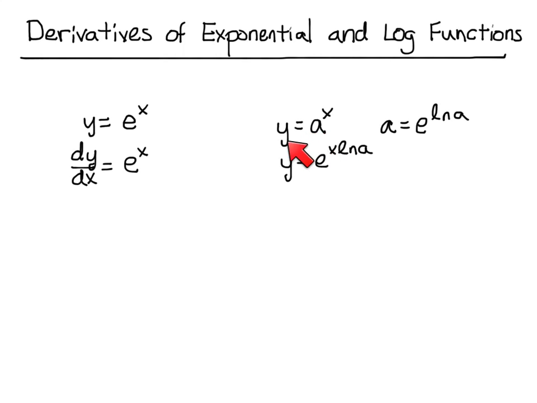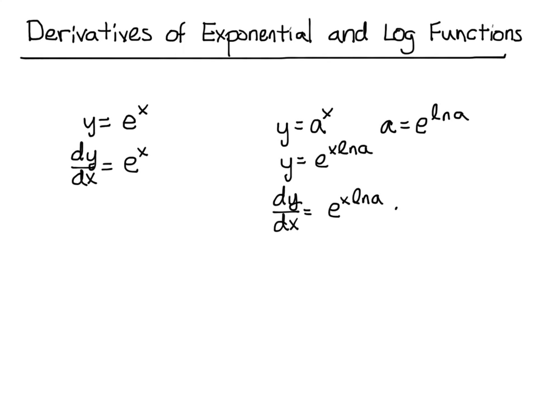So I'm looking at this function, and I want to ultimately get to the derivative of that. If a equals e to the ln a, then a to the x is e to the ln a, to the x, and that simplifies to that second line. Remember, it's the power to power rule where you take the product of the exponents, so this is x ln a.